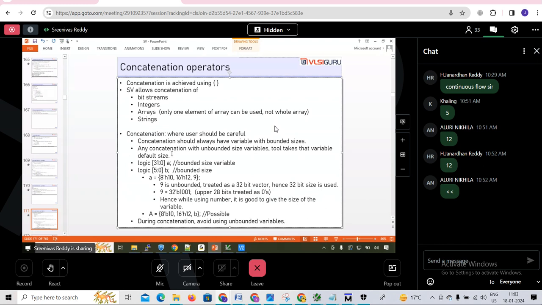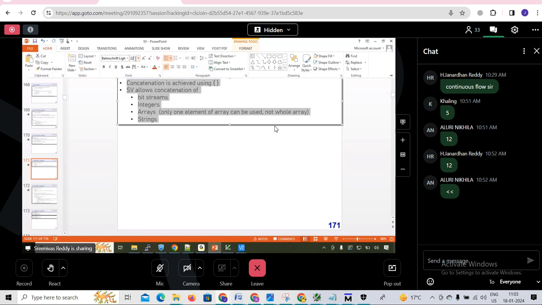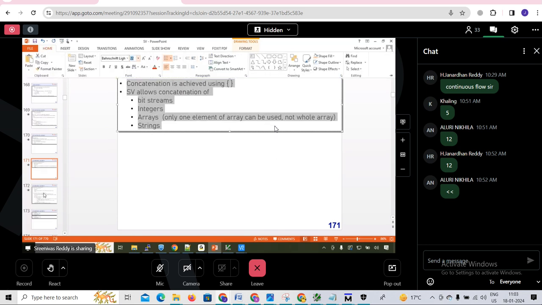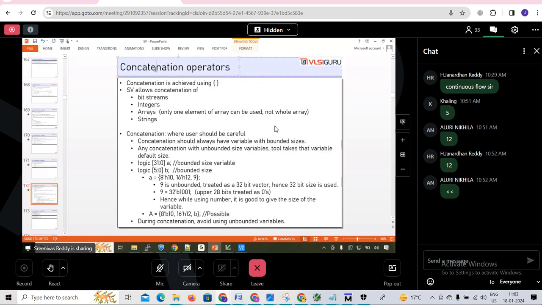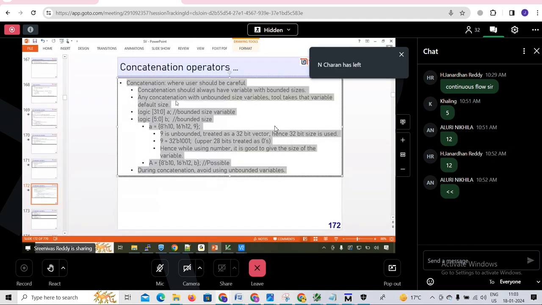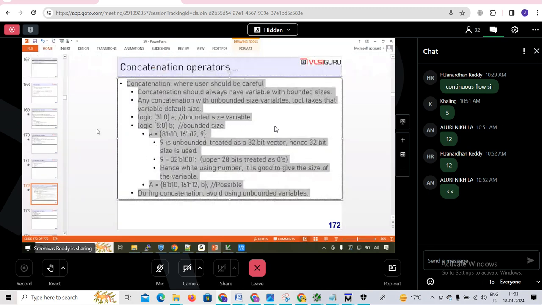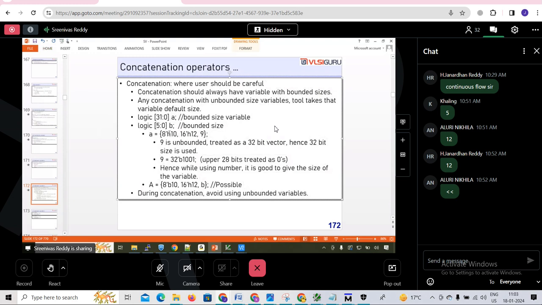If I take this example, in this case, I'm concatenating these numbers.